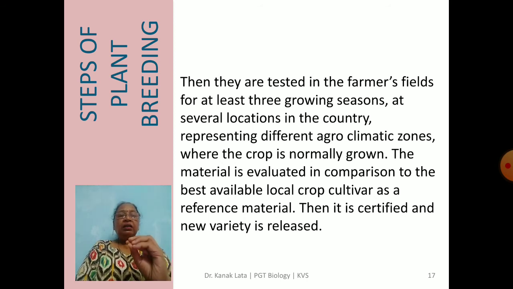The material is evaluated in comparison to the best available local crops. So they are compared. So suppose one crop is best and the hybrid should be better than the existing local cultivar. So that local cultivar is taken as a reference material. Then it is certified and the new variety is released.